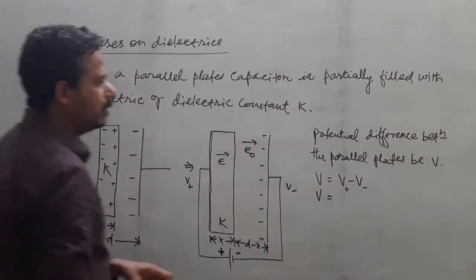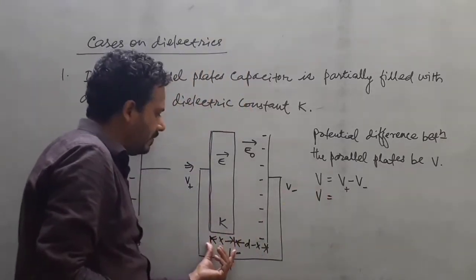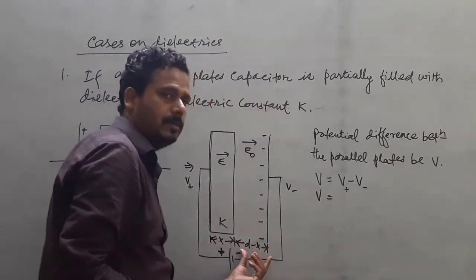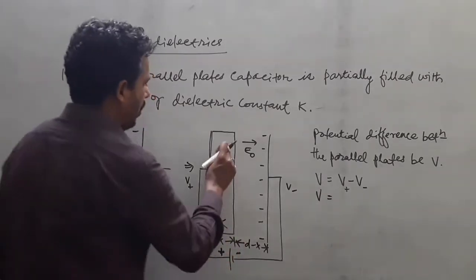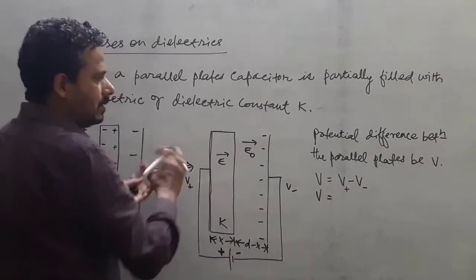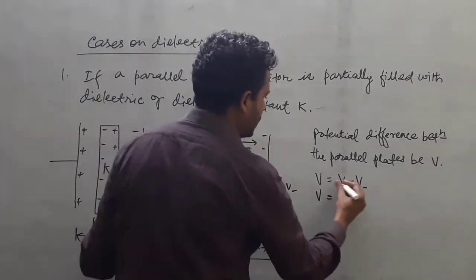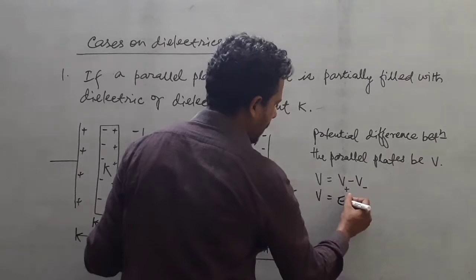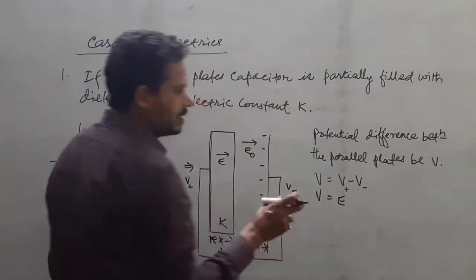And you have to use field lines between here and here. So field lines in this dielectric: how much is E? Your E will be E naught by K, by using the previous concept. Therefore, here is E, and in place of d there is X, the thickness of your dielectric.